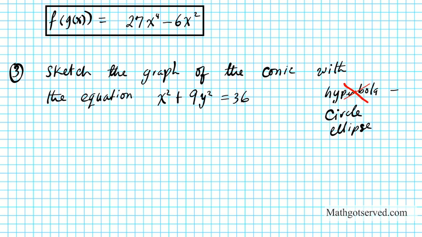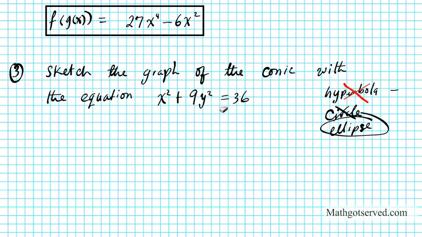The next thing you do is look at the coefficients. If the coefficients are the same, it's a circle. If they're not, it's an ellipse. The coefficient here is 1. The coefficient here is 9. Different coefficients cannot be a circle, so this must be an ellipse. So let's put this in the standard form of the ellipse, which is basically having it equal to 1.